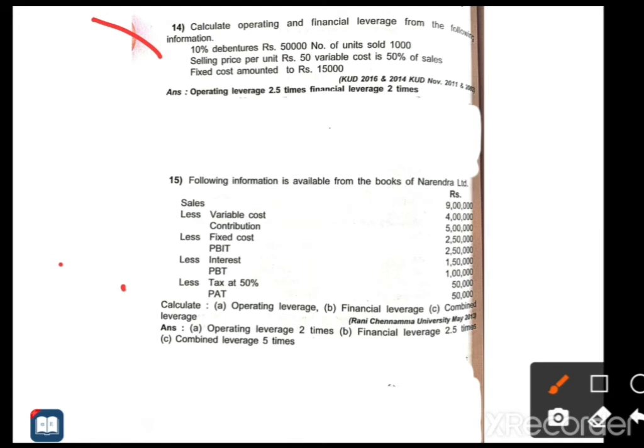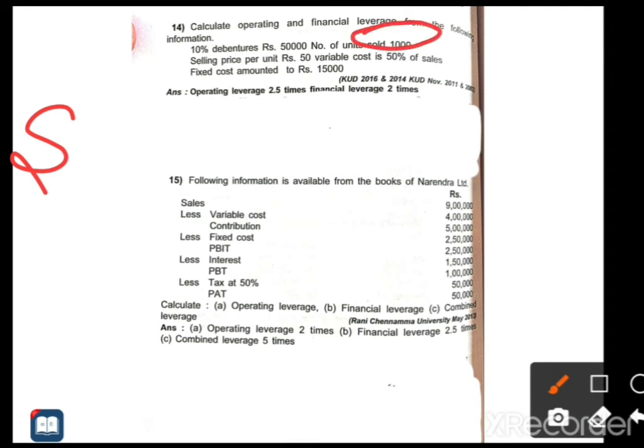The main theme is to calculate operating leverage and financial leverage. To calculate these, what basic information is required? Contribution, EBIT and PBT. First we take sales.